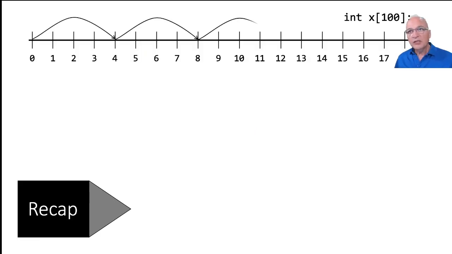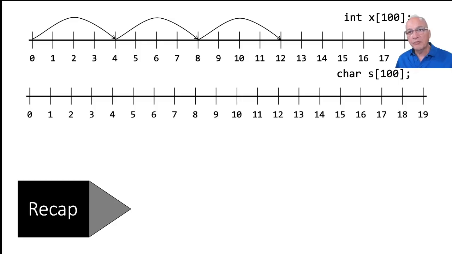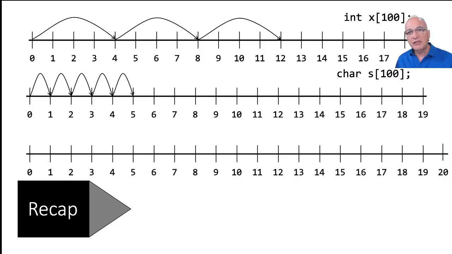We have also learned that the amount that we have to add to find a given position of an array is the value of the index at that position multiplied by the size of the element of the array. So for an integer, in the example here, it will be x plus 4 times i.